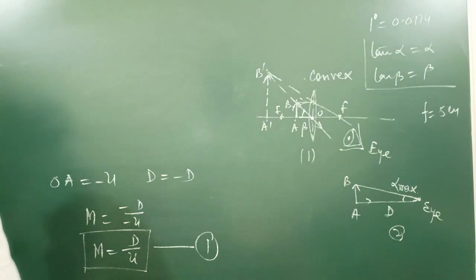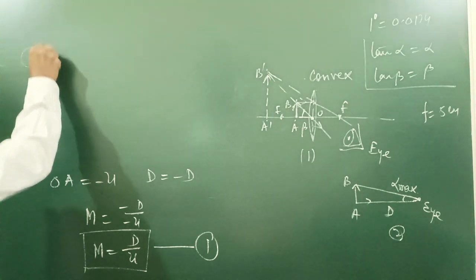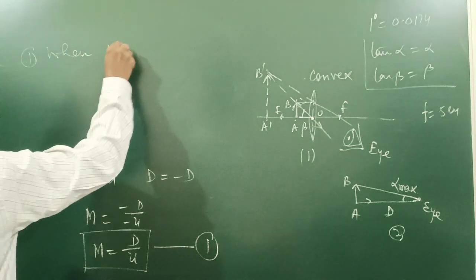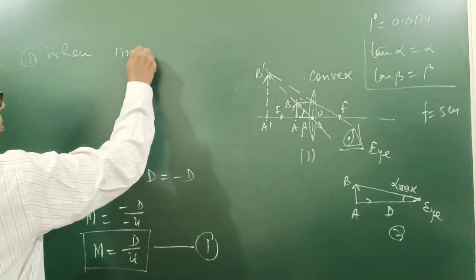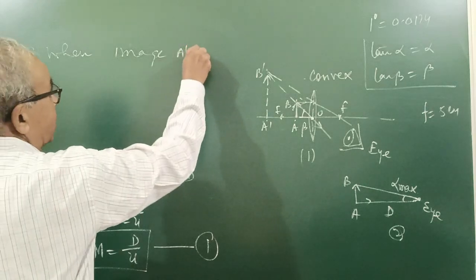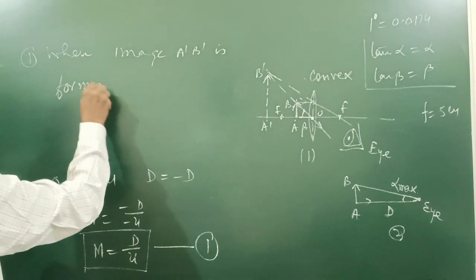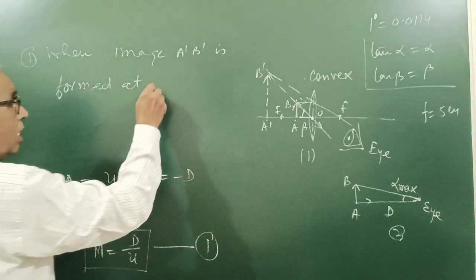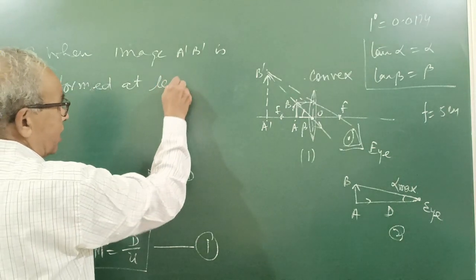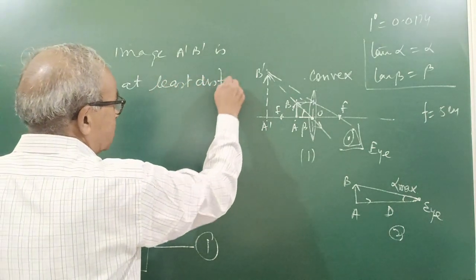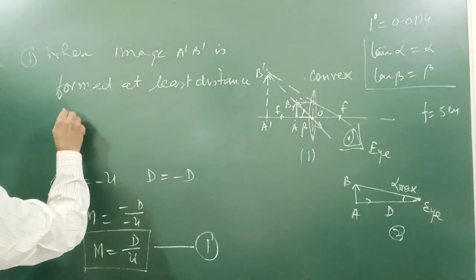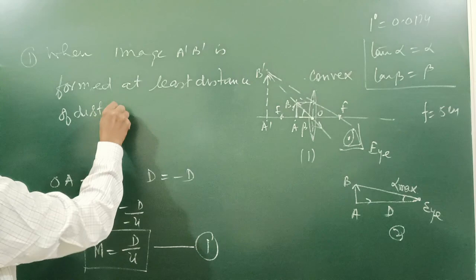Case number one, when image A dash B dash is formed at D, the least distance of distinct vision.